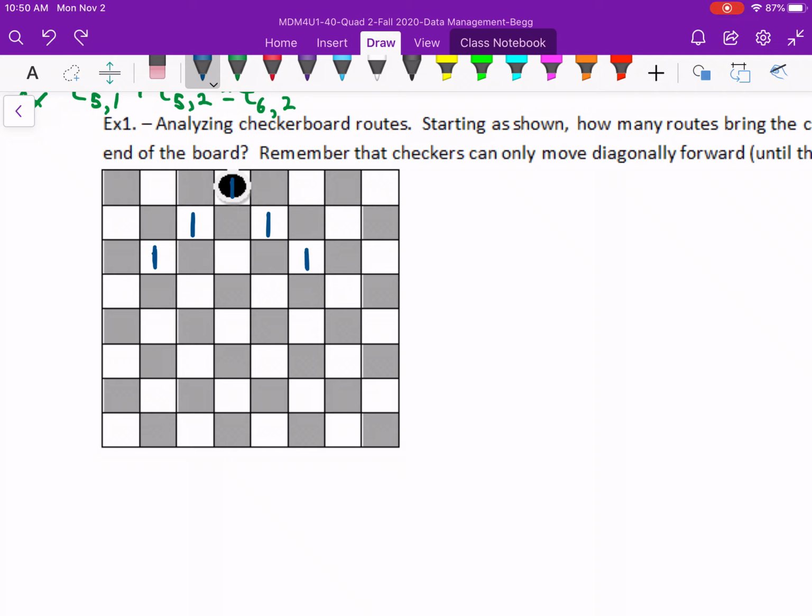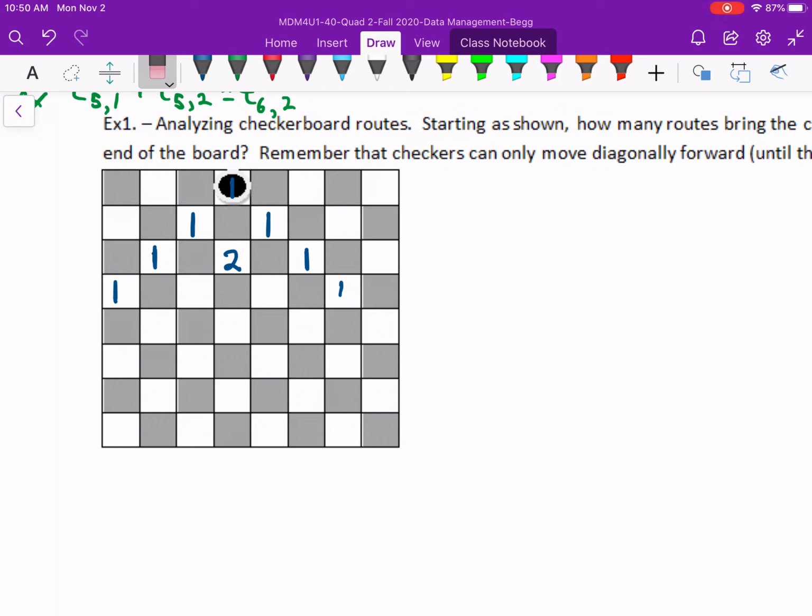But to get to this square, there are actually two ways. We could go this way, or we could go this way. So that's the two paths to get to that square. There's one way to get to this outside square here.